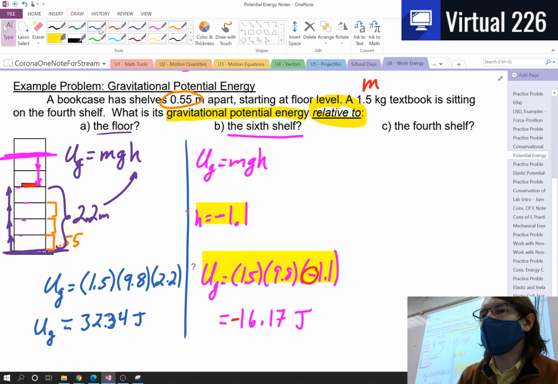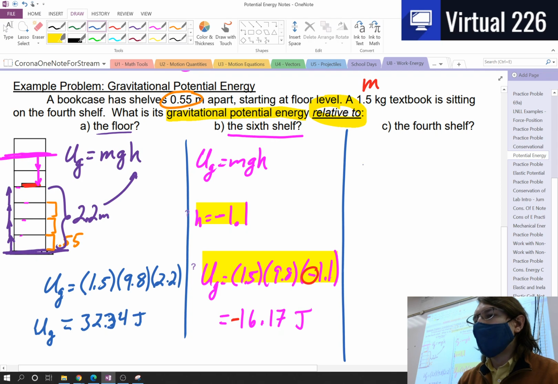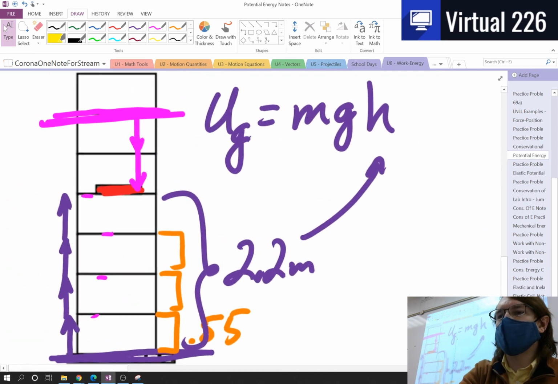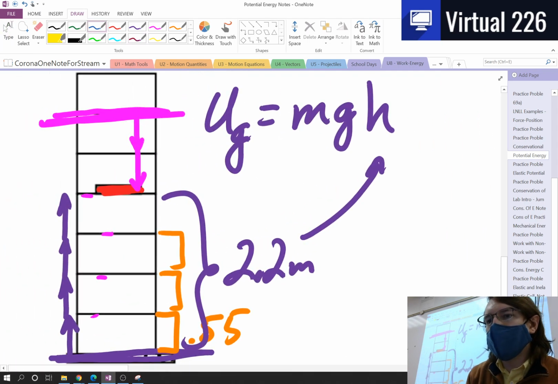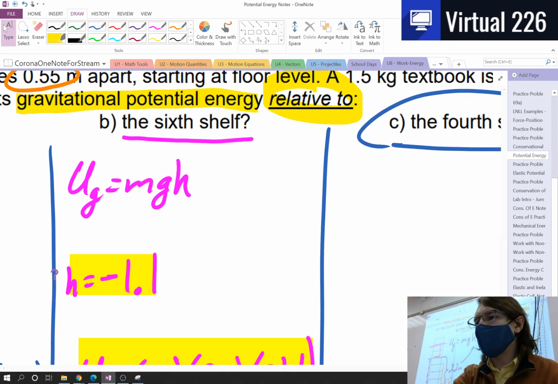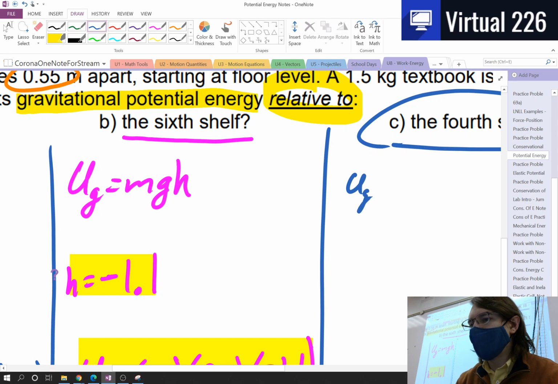Okay, and then let's try this last one here. Now we're going to go relative to the 4th shelf. And that 4th shelf is actually where the book is sitting. The book is on the 4th shelf. So we still have the same equation. UG equals mgh.